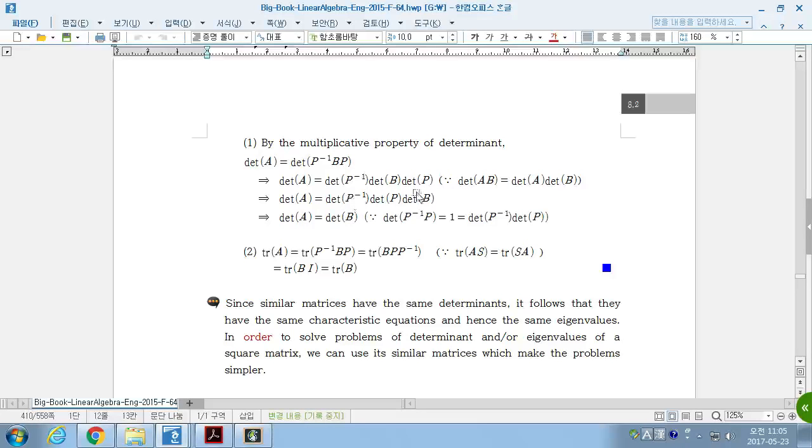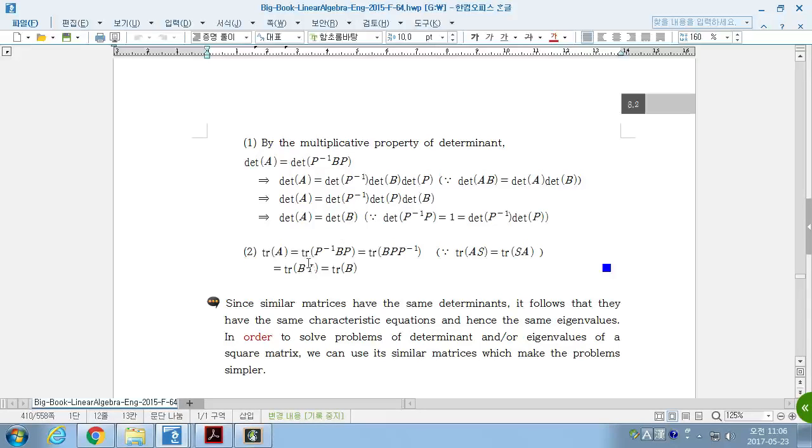With this multiplicative property, the determinant of P inverse times the determinant of P is the determinant of P inverse times P, which means the determinant of the identity, which is 1. So the determinant of A is 1 times the determinant of B, which gives us that the determinant of A is the same as the determinant of B, whenever A and B are similar. If you have similar matrices, they have the same determinant.